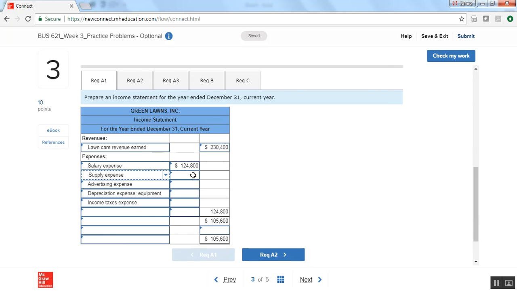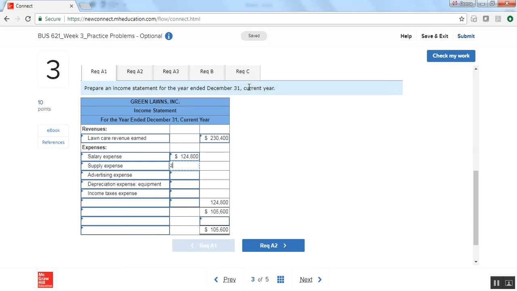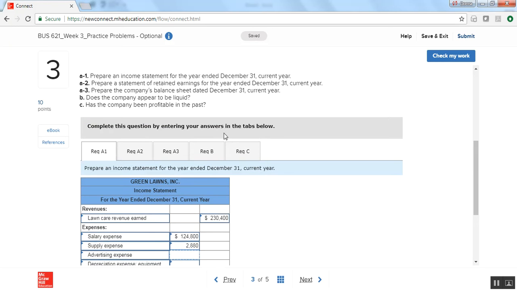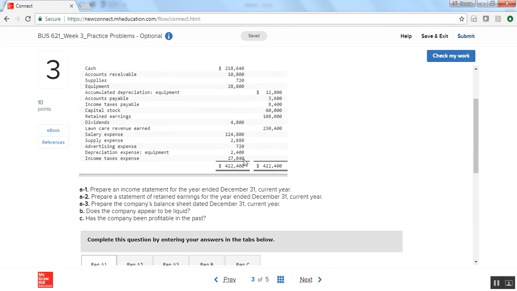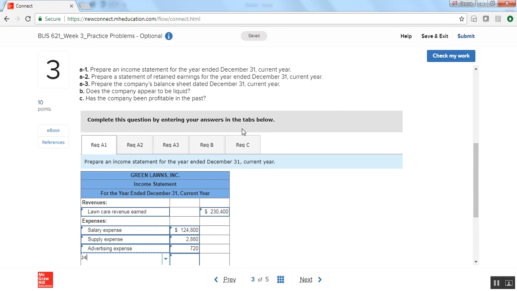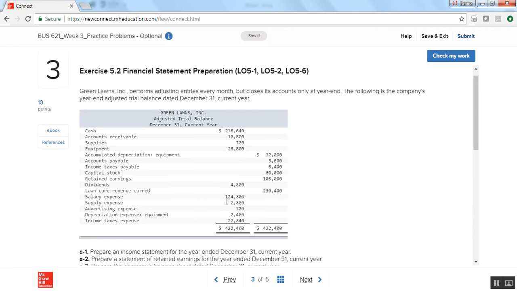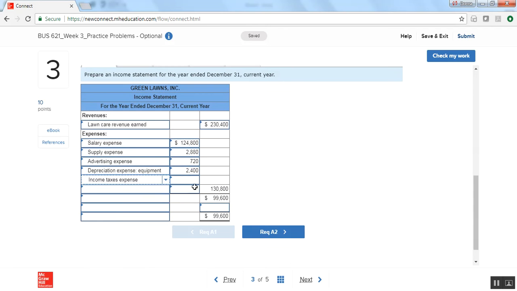$124,800, $2,880, $720, $2,400, and $27,840.